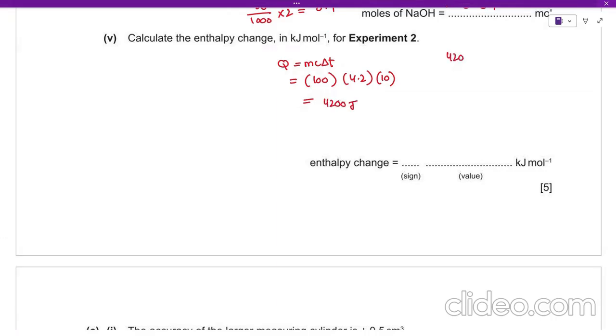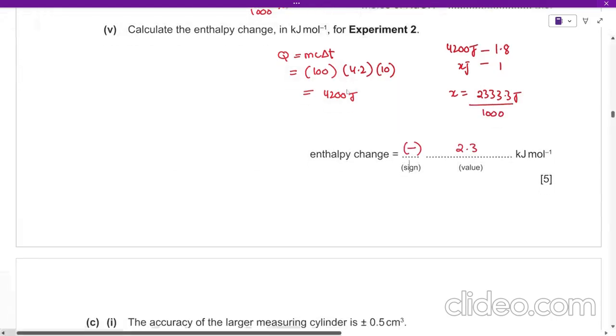Now 4200 joules was caused because of 1.8, the limiting reactant. So what was for 1 mole? This will be x joules. X will become 4200 divided by 1.8. This will become 2333.3 joules. Now divided by 1000, this will become 2.3 kilojoule, and this will be minus as the temperature rose. So let's just move on.